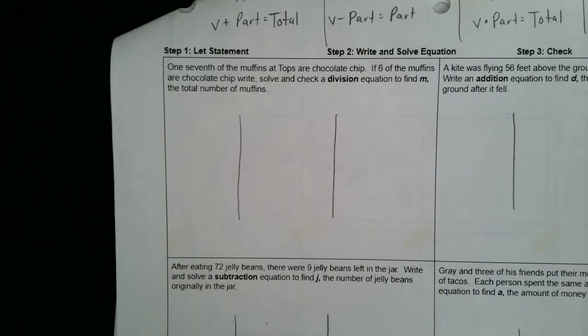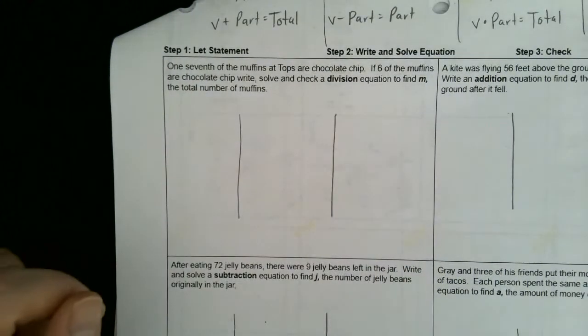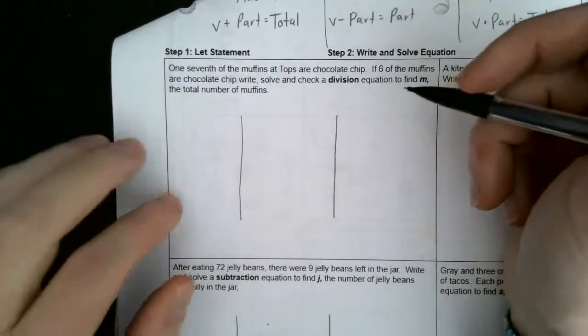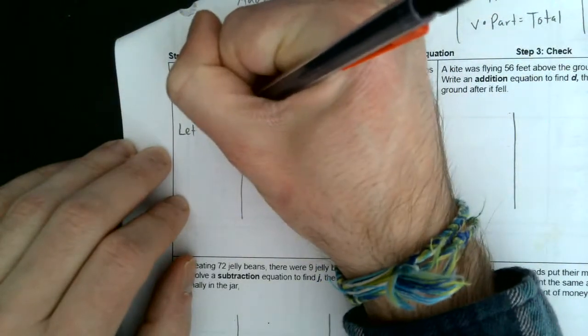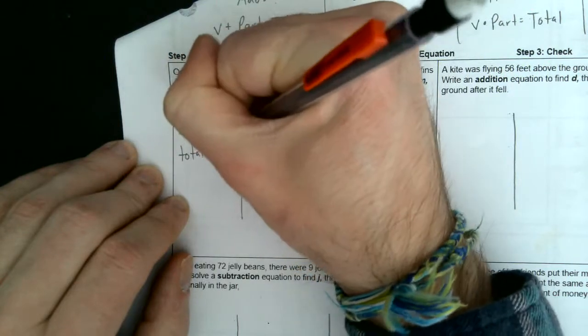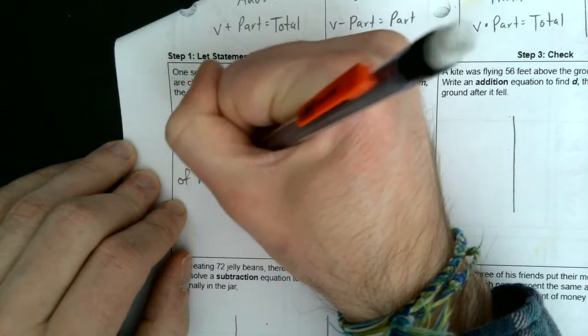1/7 of the muffins at Tops are chocolate chip. Love those muffins. If 6 of the muffins are chocolate chip, write, solve, and check a division equation to find M, the total number of muffins. Look at that. They give us what M is. M is the total number of muffins. So we're going to let M equal total number of muffins. Perfect.